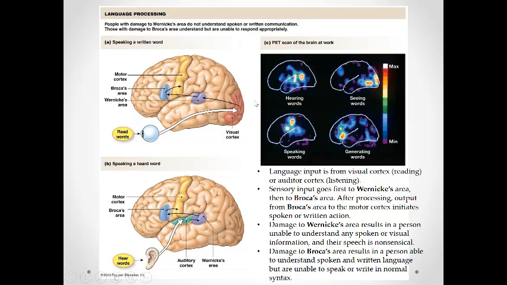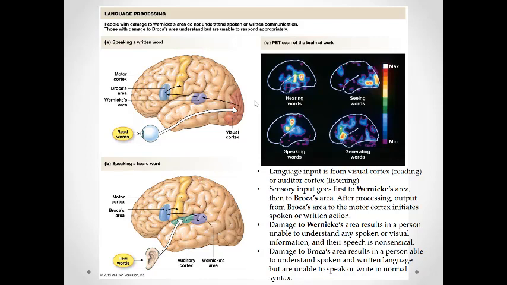Now, language processing occurs in two specific areas in the brain called Broca's area and the Wernicke area. Language input comes from the visual cortex, such as reading, or the auditory cortex, such as listening. So those two, Broca and Wernicke, are going to be taking information both from what you're seeing and reading, as well as what you're listening to and hearing at that point in time.